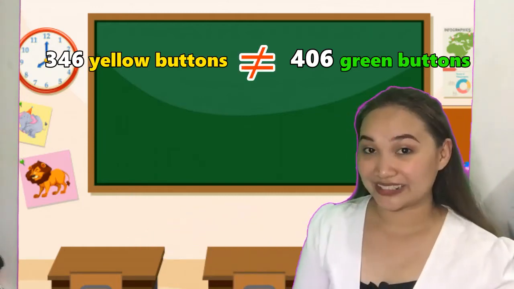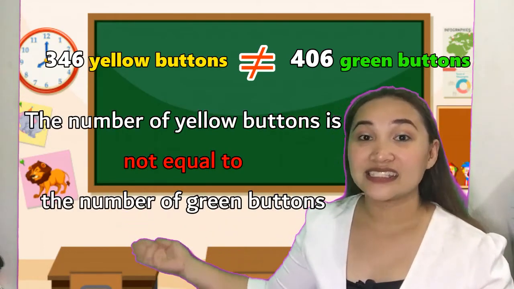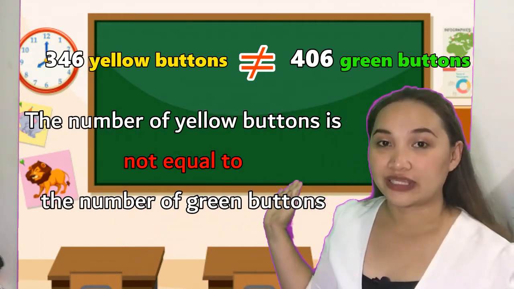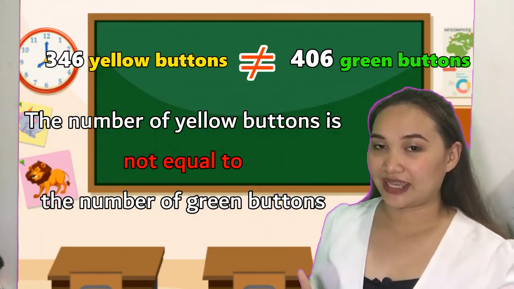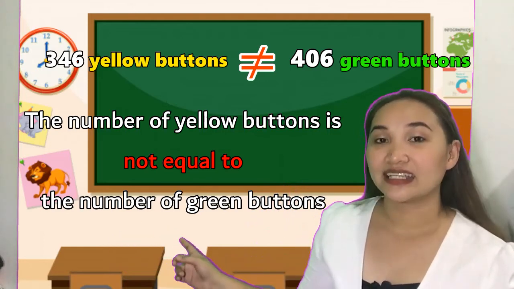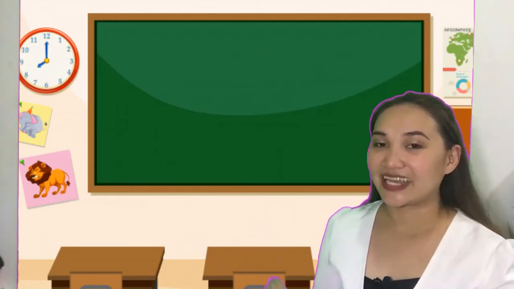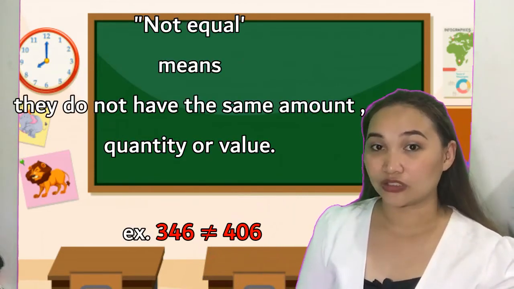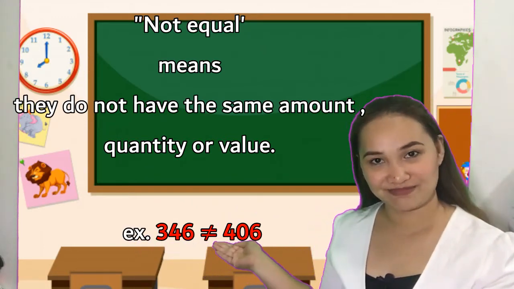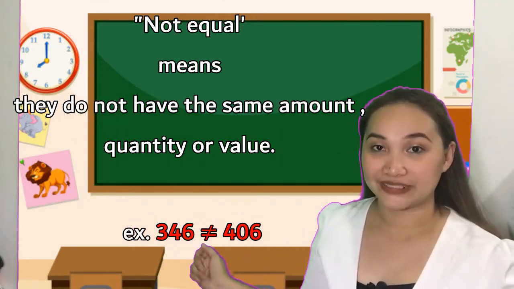No. So we can say that the number of yellow buttons is not equal to the number of green buttons. Not equal to means they are not the same. They don't have the same quantity of buttons.